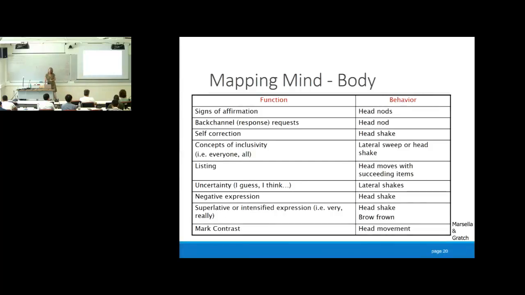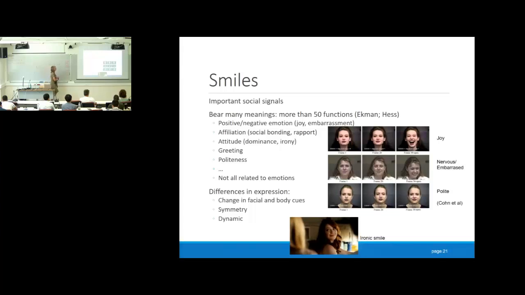And you also have the smile. Smile is said to have more than 50 different functions. It's linked to emotion, but also linked to politeness, and to different attitudes or greetings. The differences will be made through facial features and body cues, symmetry of the facial features, and also the dynamics of the action.